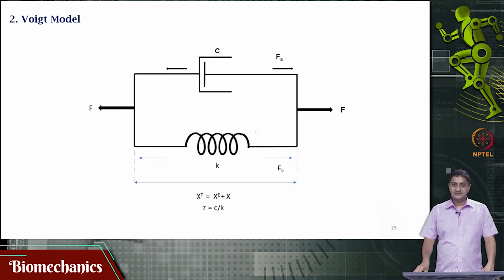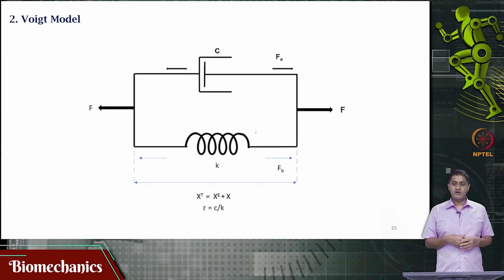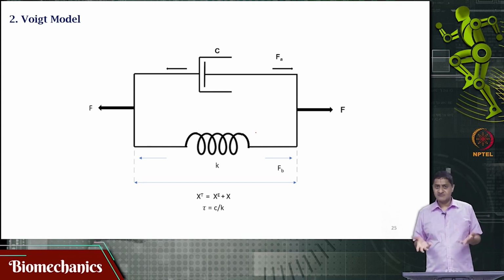So the response to applied stress or strain, or the applied force or deformation, will be different between the Maxwell model and the Voight model. Why? Because of the model itself. In the Maxwell model, these two were in series, now they are in parallel. So obviously there will be some behavioral difference between the two.